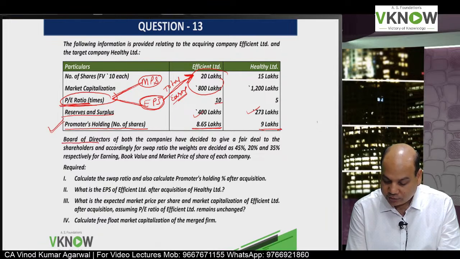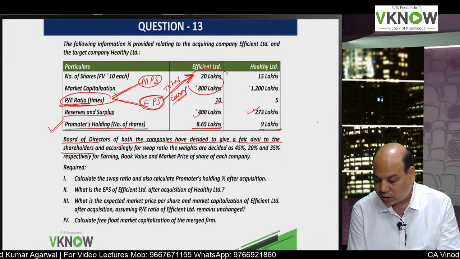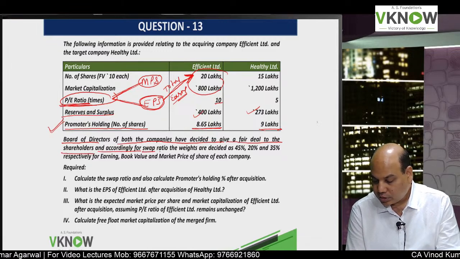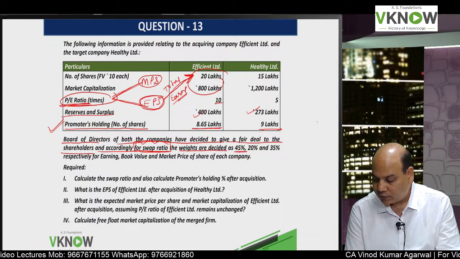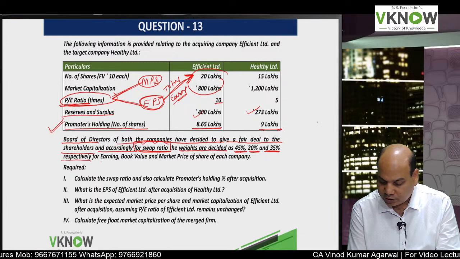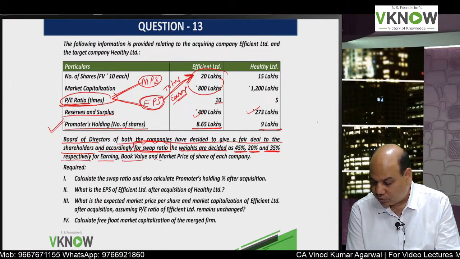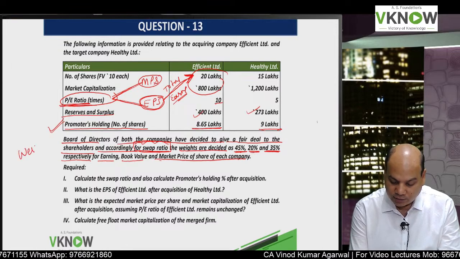Board of directors of both the companies have decided to give a fair deal to shareholders and accordingly the swap ratio, swap ratio means exchange ratio, the weights are decided as 45%, 20% and 35% respectively for earning, book value and market price of share. So this is called weighted average swap ratio.